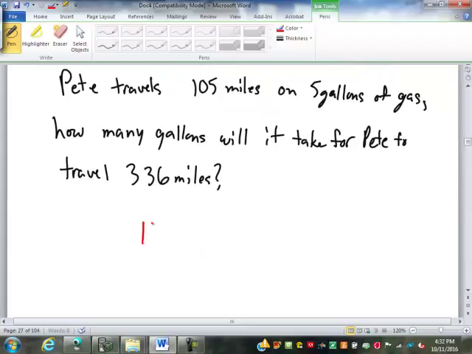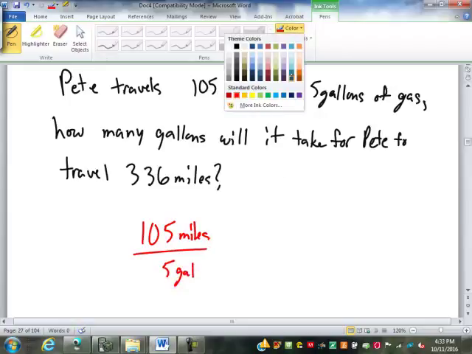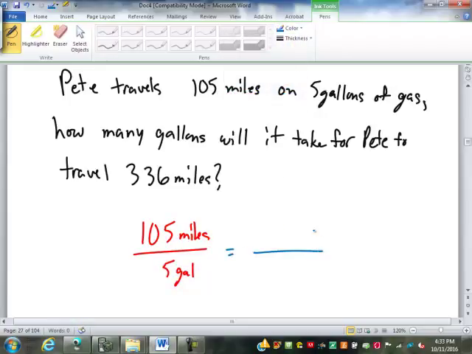Well, we had 105 miles and 5 gallons. 336 miles has to go on top because the miles have to go together.